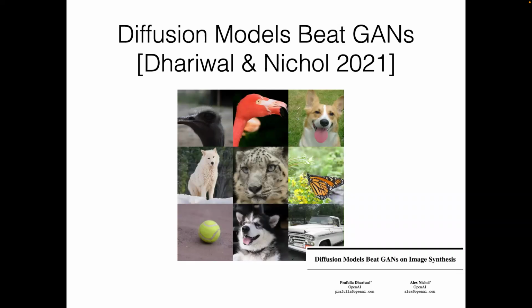Basically what happened is, at first VAEs were the state of the art, then GANs came out, and those were the state of the art. And there were thousands of papers on GANs at every conference. So it's a really big deal for the diffusion models to actually match them on these benchmarks that everyone was using. People trusted the metrics.